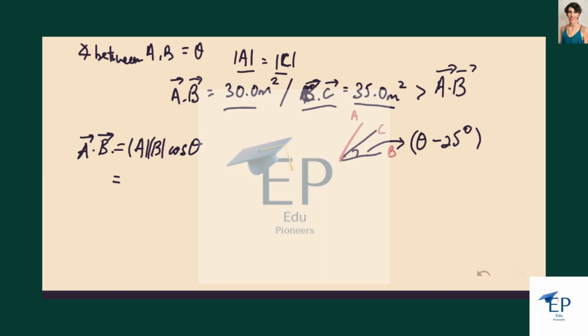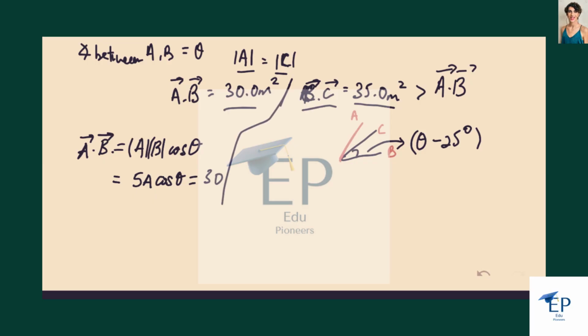Since we are given that B has a magnitude of 5, this is just 5 times A times cosine theta is equal to 30. This is from the first equation.